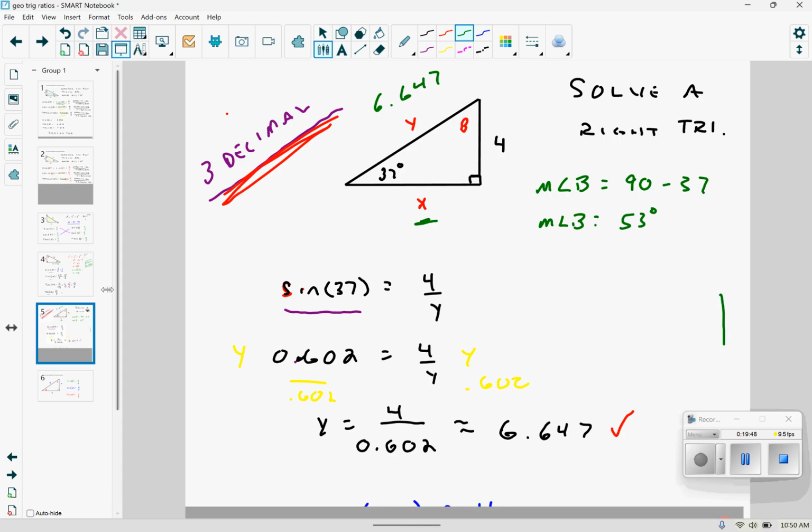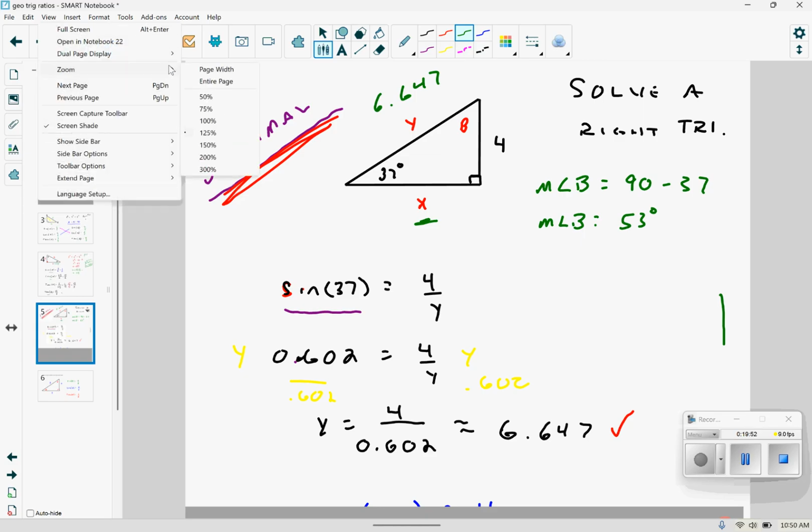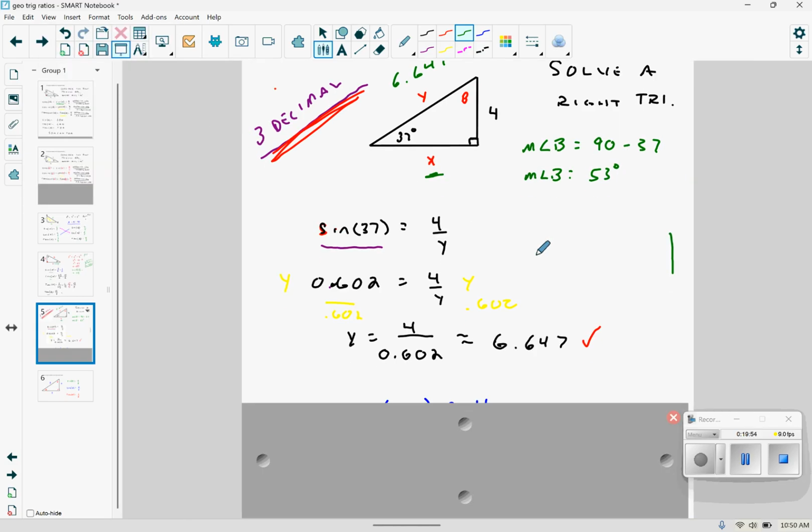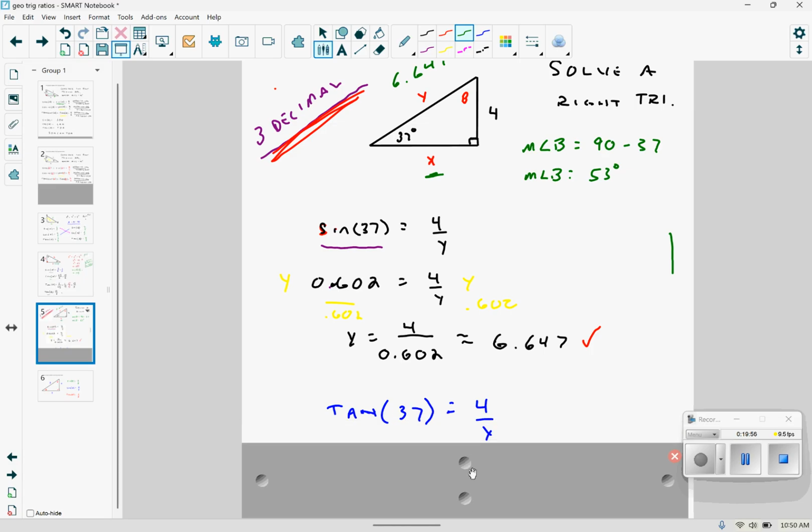I'm going to use the tangent of 37, which is going to be opposite over adjacent. So the tangent of 37 is 4 divided by x, and x is this guy I want. And again, I'm going to multiply both sides by x, do some quick algebra, and divide both sides by the tangent of 37.